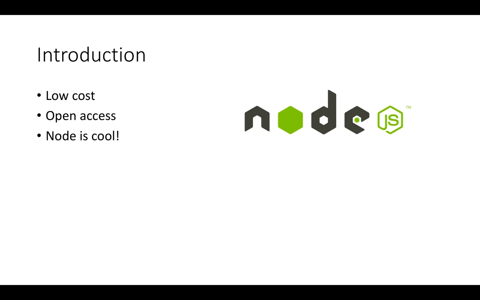So why use Node? Well, it's a JavaScript language, so that means it's pretty simple to program. There's loads of support for Node on the web and loads of resources. And the actual fundamentals of Node make it really useful. It's what's known as asynchronous, so that means it can run multiple processes all at the same time, and the code doesn't get blocked.